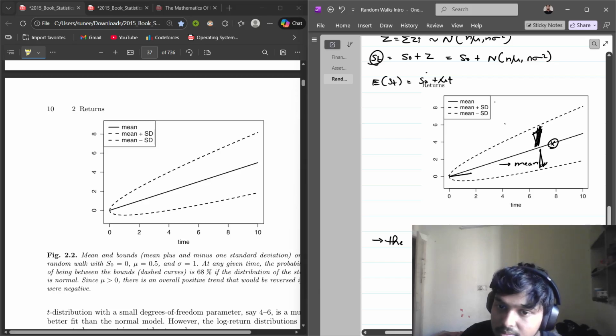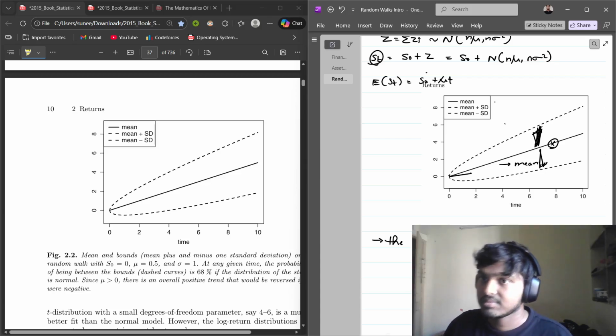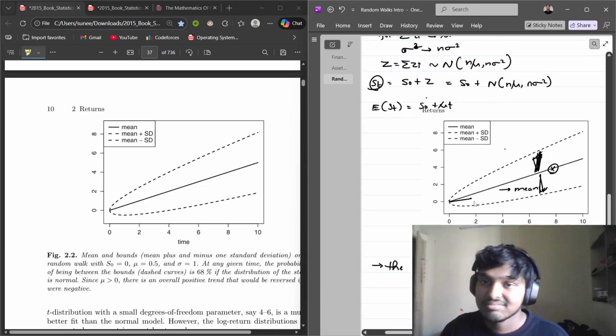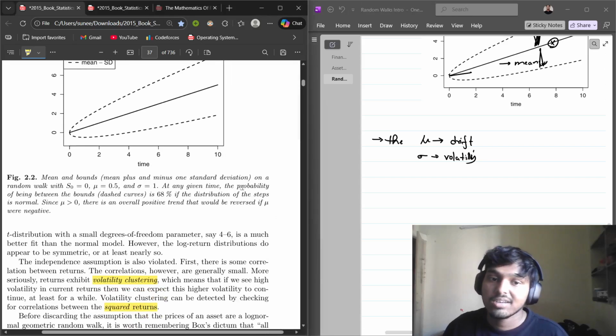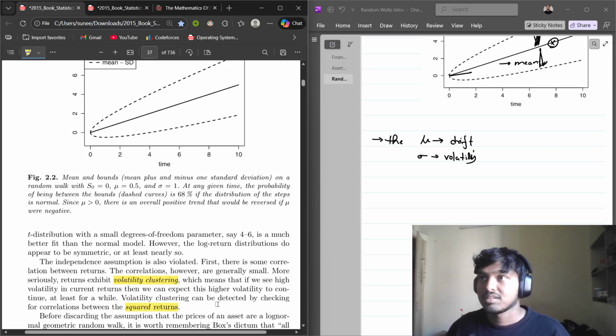And sigma is called volatility, because it describes how the value changes. If you know the distribution, the standard deviation is generally called volatility.